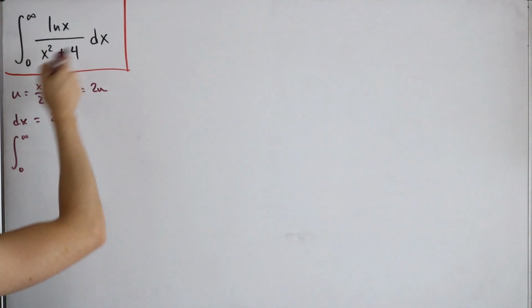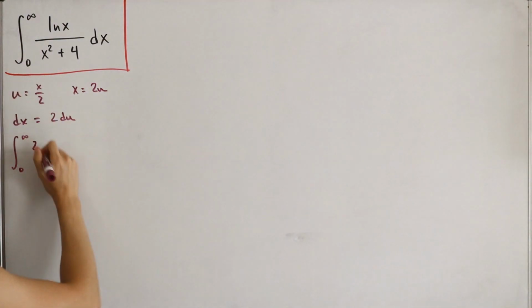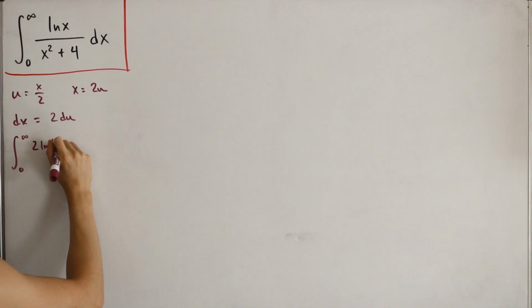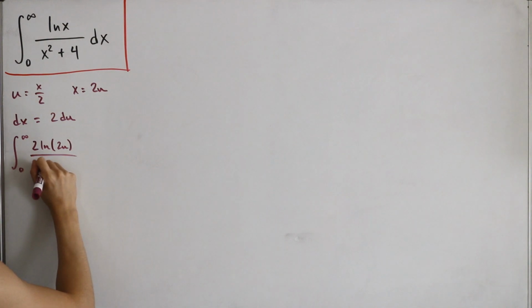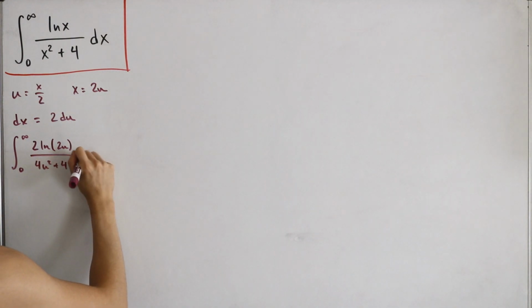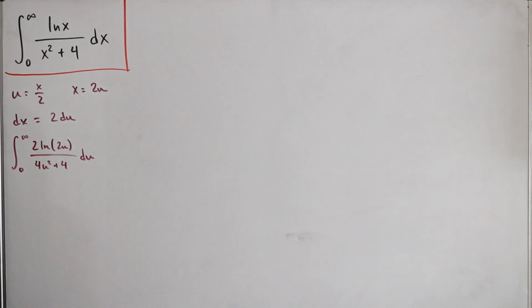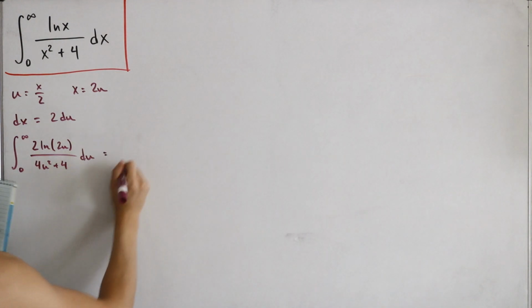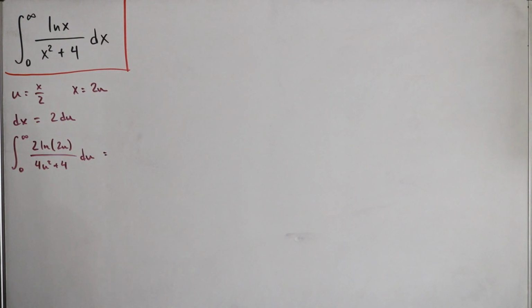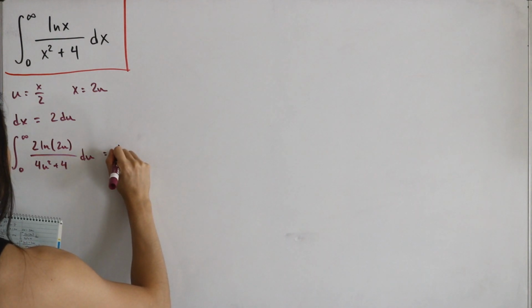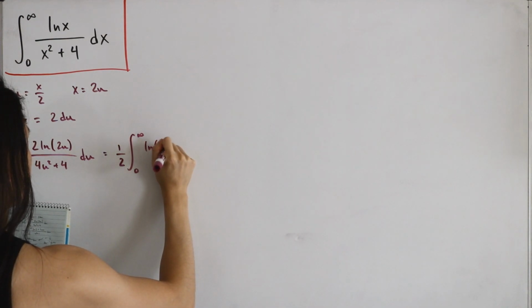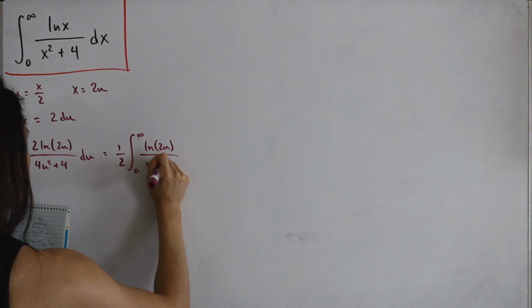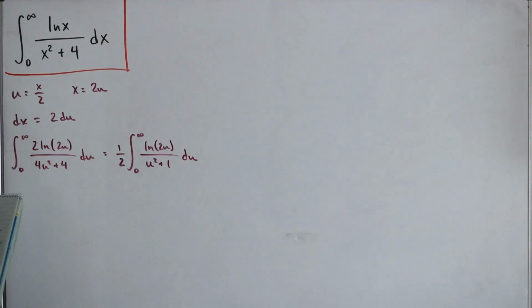Plugging in for dx gives 2 du, and then ln of 2u, since x is 2u, divided by 4u squared plus 4, du. Now I can factor out some constants: the 2 over 4 reduces to just 1/2, multiplied with the integral from 0 to infinity of ln of 2u divided by u squared plus 1, du.